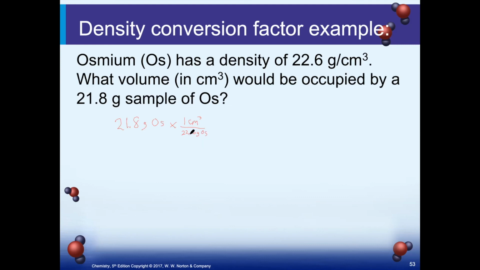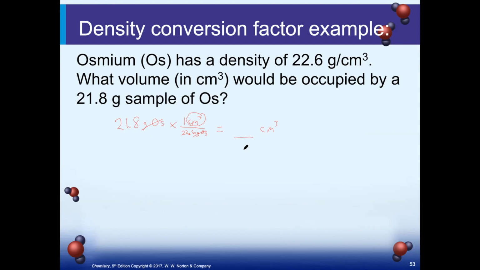Okay, 22.6 is the density. So in 1 cubic centimeter, there are 22.6 grams. So grams of osmium will cancel, and I'm left with units of cubic centimeters. All right, so that means that I'm pretty much done. I can just plug that into my calculator, and I'll get an answer for the volume of osmium. All right, so it's that simple.